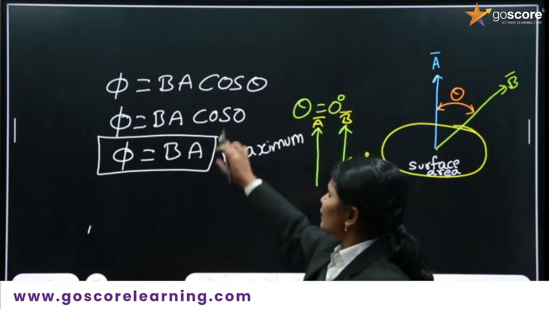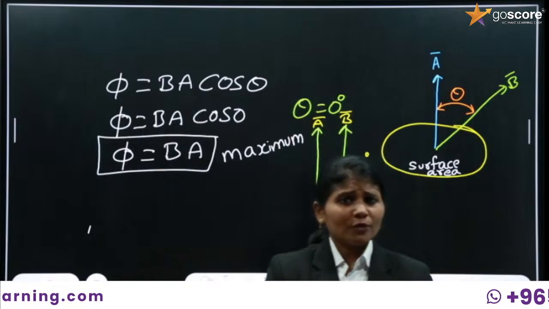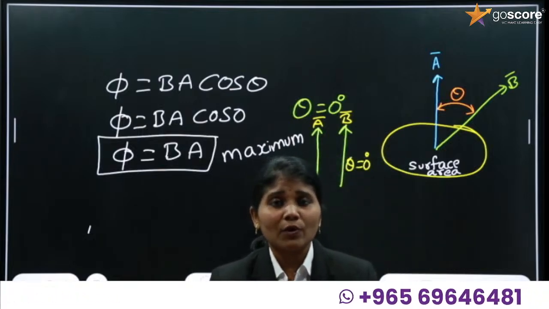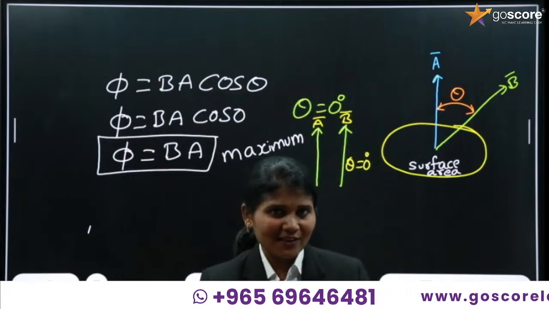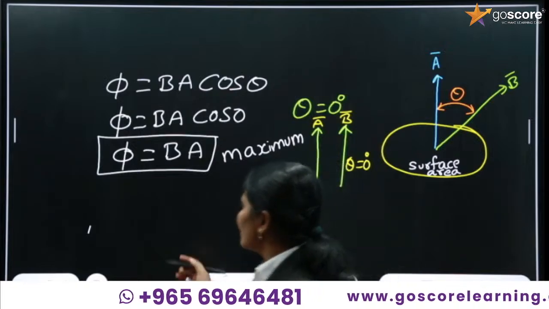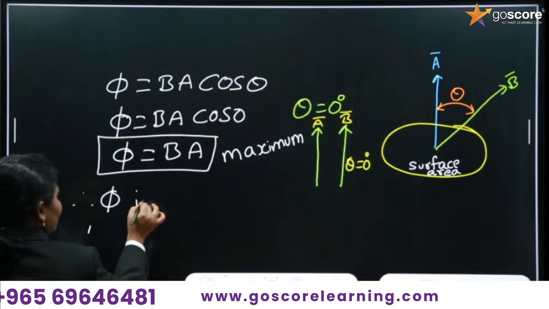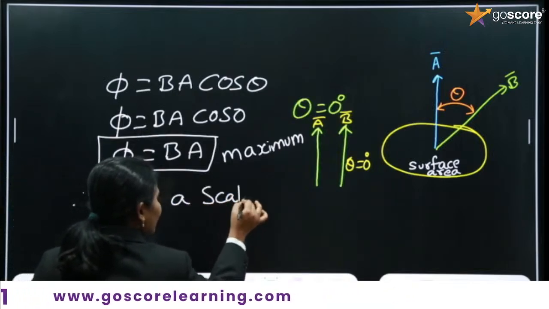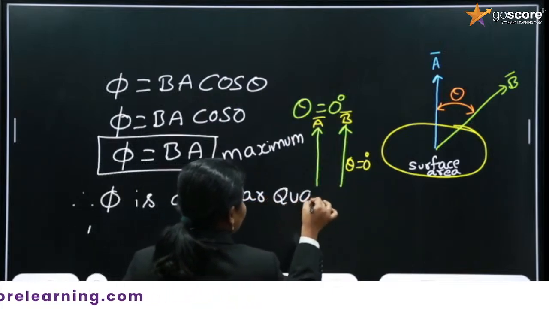Here we are using the dot product, and a dot product is a scalar quantity. Therefore, flux is a scalar quantity.